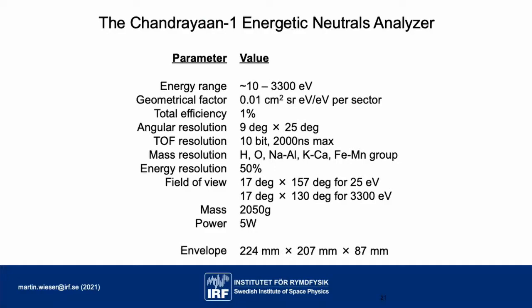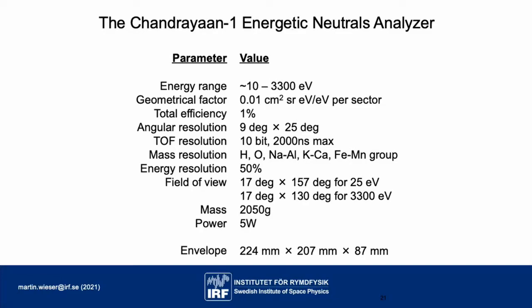If this is all combined, this is what we get. So a brief overview of the Chandrayaan-1 energetic neutrals analyzer. We cover an energy range of about 10 eV to about 3 keV. There is a rather sizable geometric factor needed to get a reasonable amount of counts.